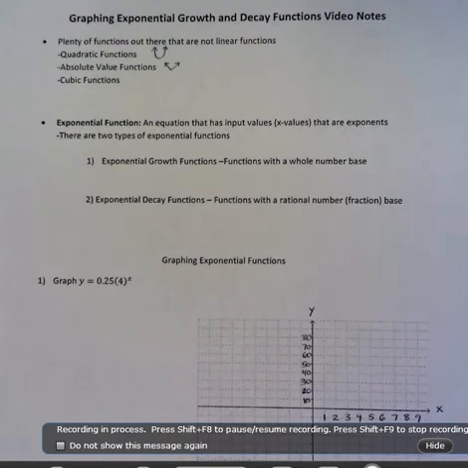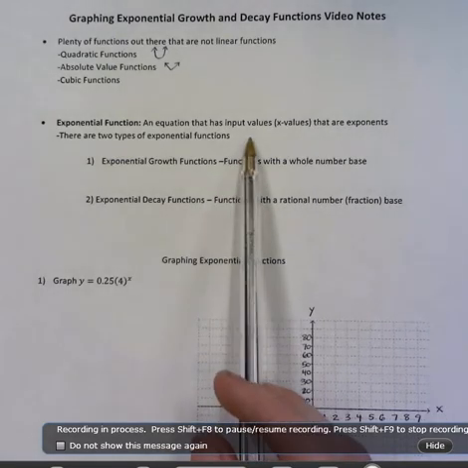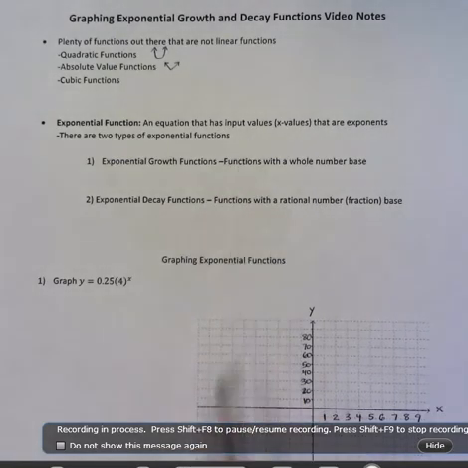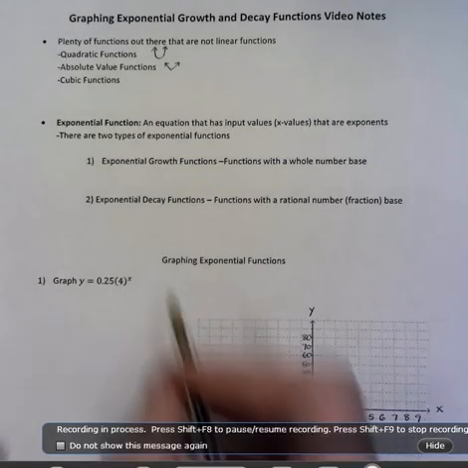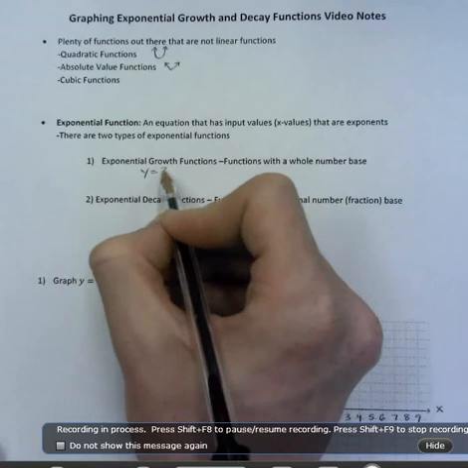An exponential function is an equation that has input values that are exponents. Basically, it's some sort of function that has an x where our exponents would be. For example, you could have something as basic as y equals 3 to the x.